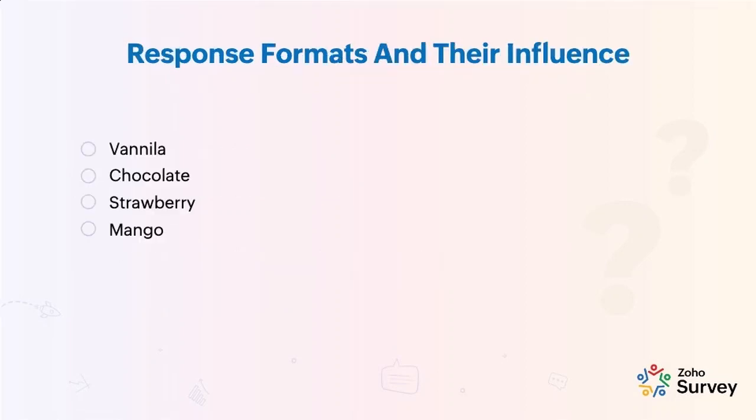Next, we have response formats. They shape the information we gather. They're like the containers for our survey responses. Each format has a specific role. Imagine a survey asking about favorite ice cream flavors. If it's a multiple choice question with only 4 options, what happens if your favorite is mint chocolate chip and it's not listed here, right? That's a limitation.